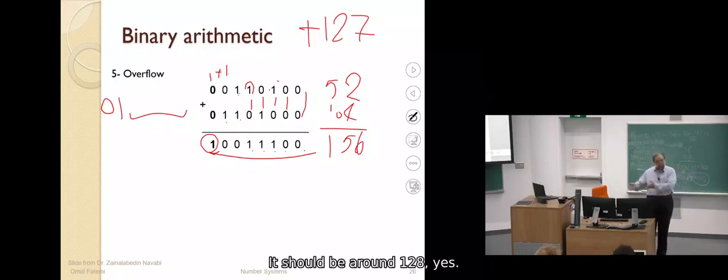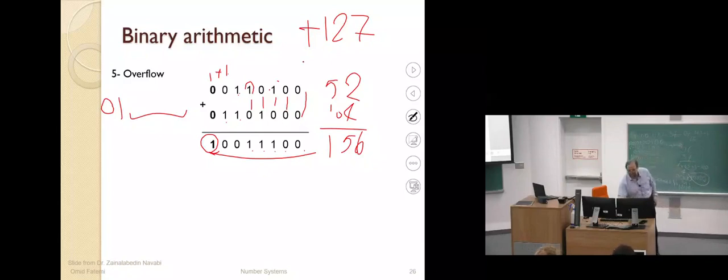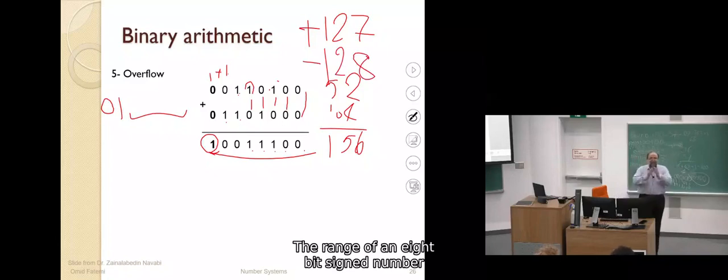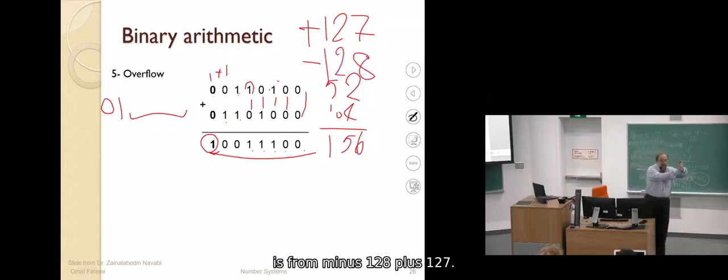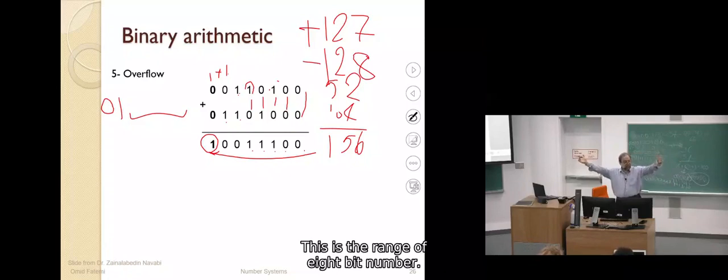No, it should be around 128, yes. So the range of an 8-bit signed number is from minus 128 to plus 127. This is the range of an 8-bit number.